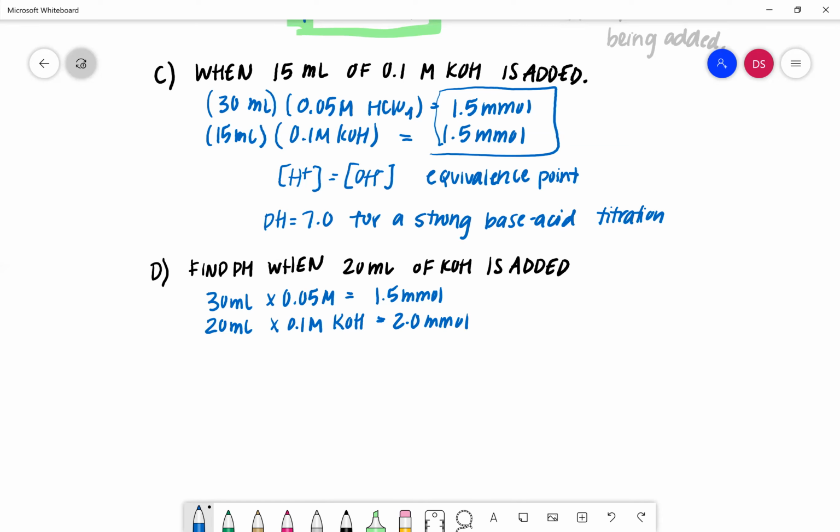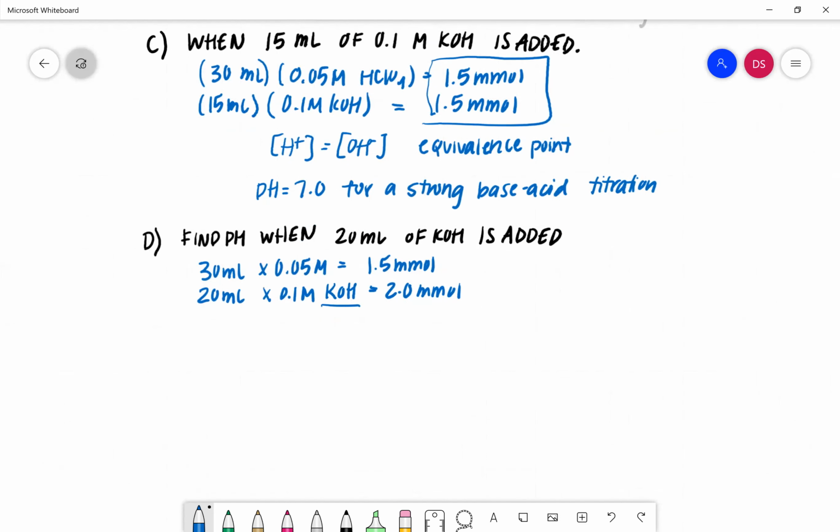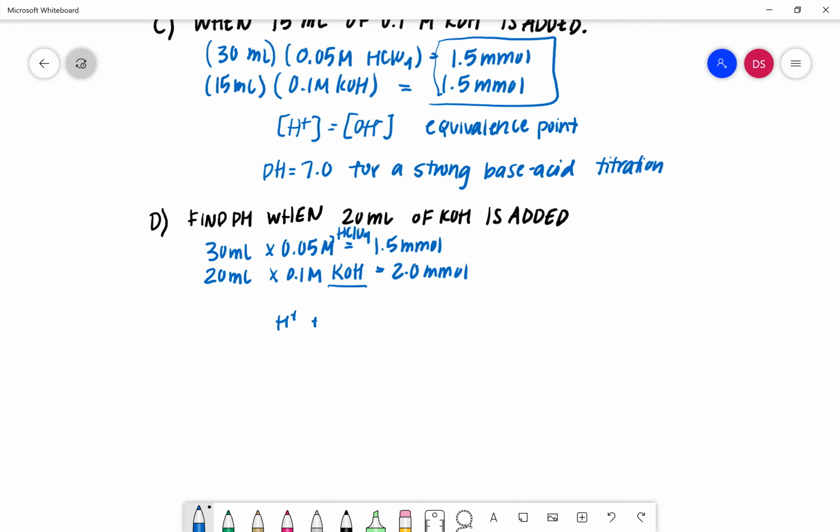You can see that the amount of base is greater than the amount of our acid. So using the equation we had earlier, I'm going to show you in a table. We have our initial, our change, and our final. We have 1.5 millimoles of acid and 2.0 of base.